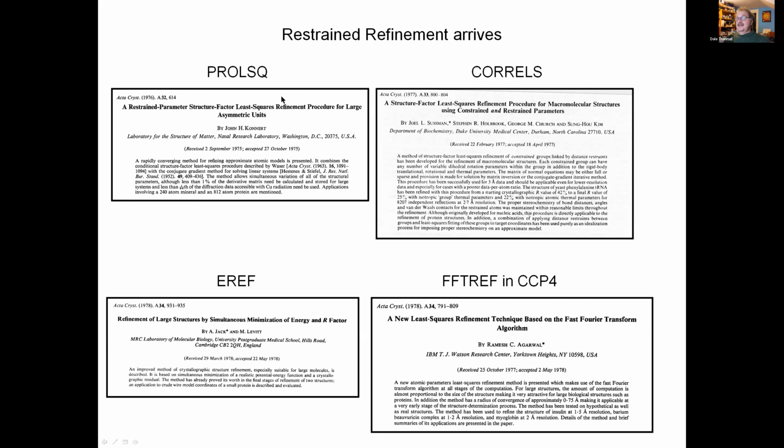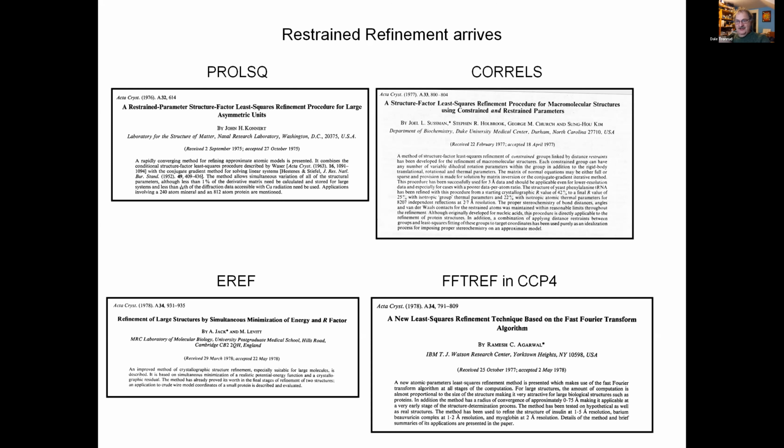Now, what's interesting about this is the variety of these programs. ProLSQ is sort of what we think of today as a refinement program. Corals was aimed more at nucleic acids, and it used the fact that parts of the structure don't have to be refined. If you have a side chain of a base, it's this big planar ring, there isn't much reason to vary the bond lengths and bond angles inside of that group, particularly at low resolution.